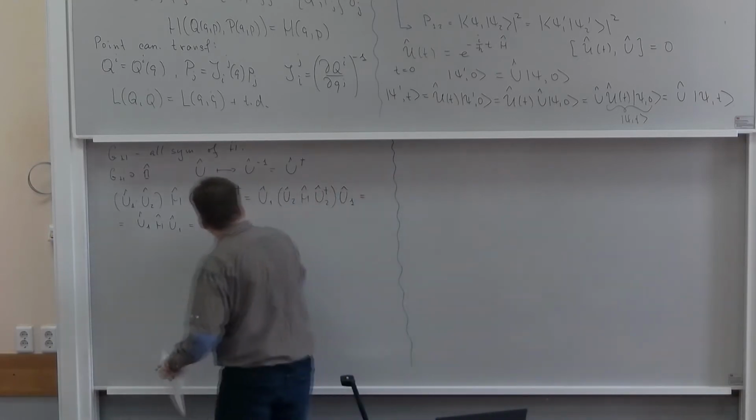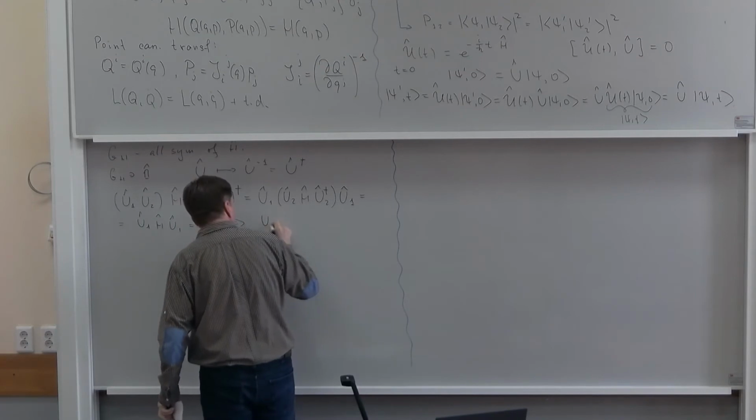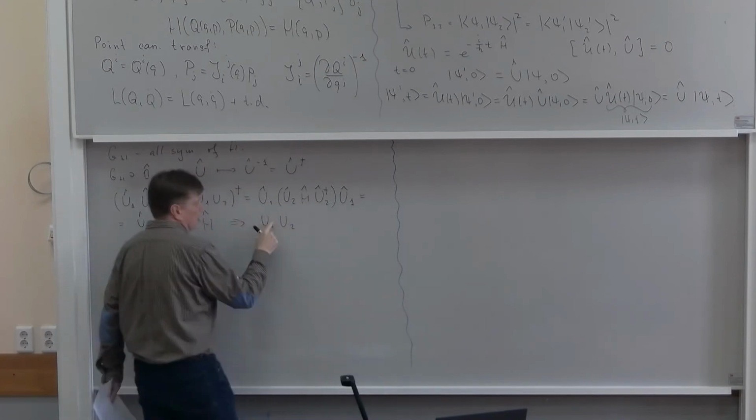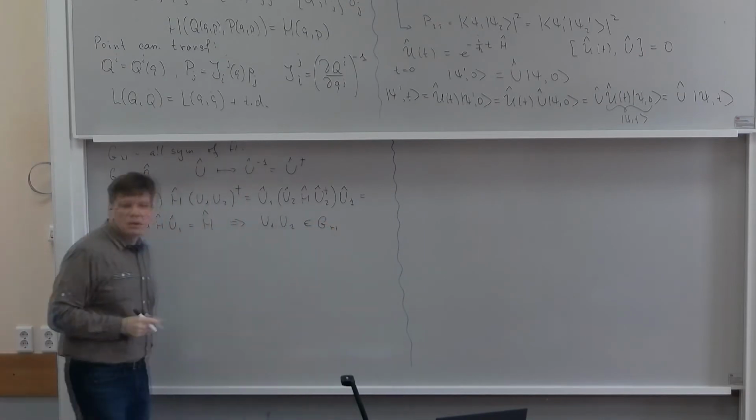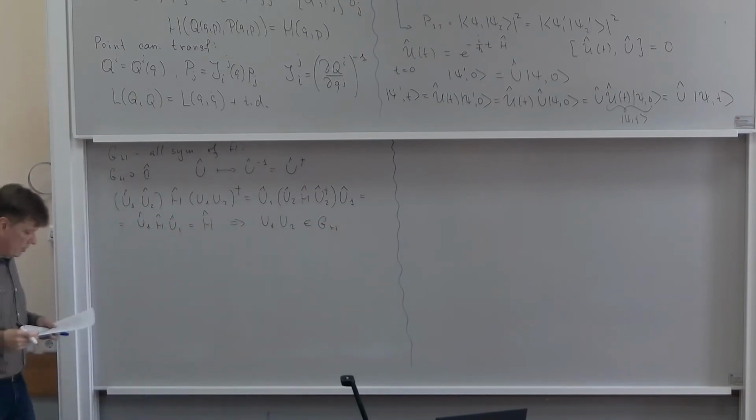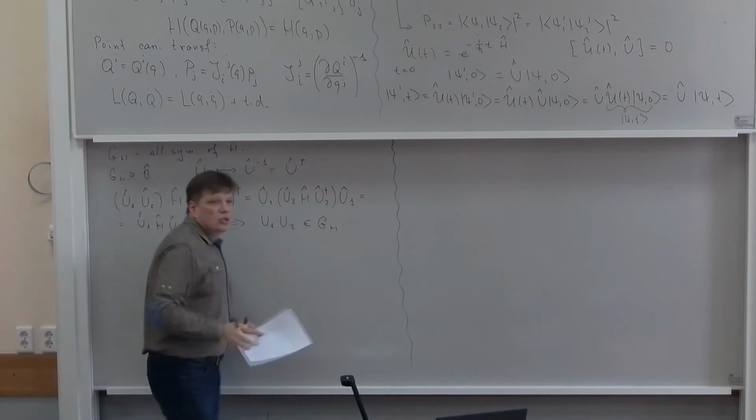And so the general conclusion is that the product of U1 and U2 is also in the group G sub H. So G sub H is a group.